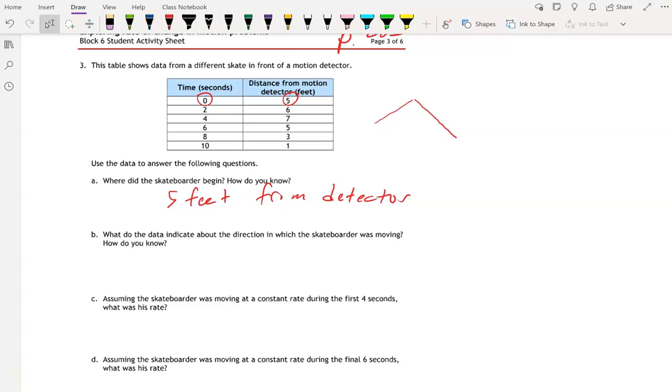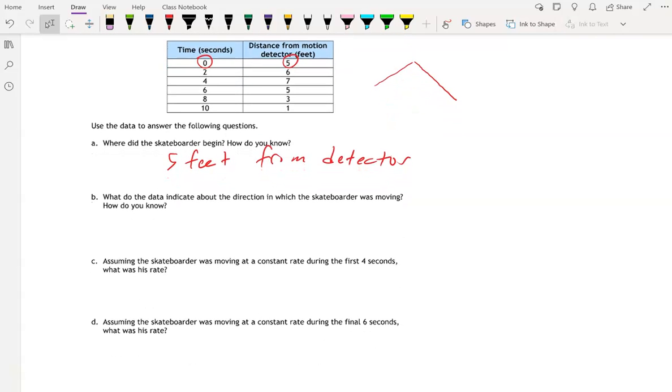Assuming the skateboarder was moving at a constant rate during the first 4 seconds, what was his rate? Okay, the rate during the first 4 seconds. We're going from 0 to 4 seconds, and that would be from 5 to 7 feet. So remember, it's always distance over time. We're going to find the change in the distance. The change in the distance, at the farthest point, was 7 minus 5.